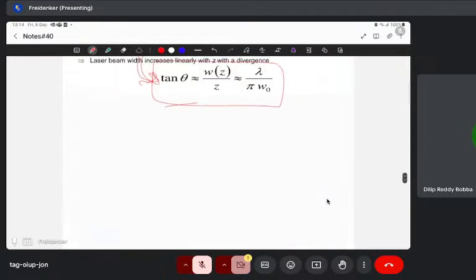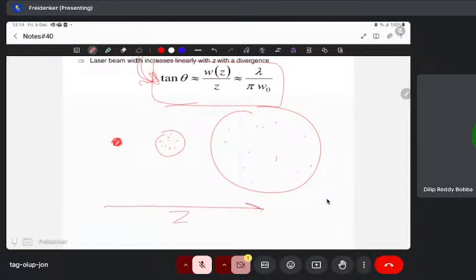What used to be a nice little spot, its size increases and the energy has to be split. So when spot size becomes too large, the light is too faint, so you won't be able to detect it. This happens when you go farther and farther away.